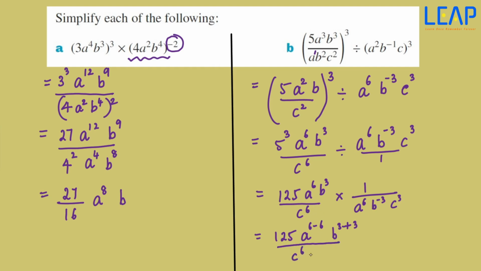They are in multiplication with each other, so you add them. That is going to give you a final answer of 125 a to the power of 0, which can be replaced as 1. So I'm going to just leave that and then do the next one, which is b to the power of 6 over c raised to 9. That's it. That becomes the final answer for question B.